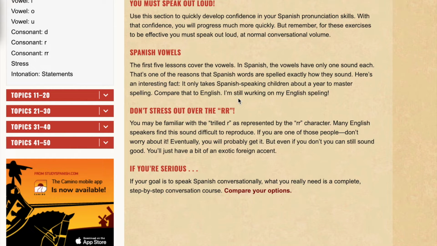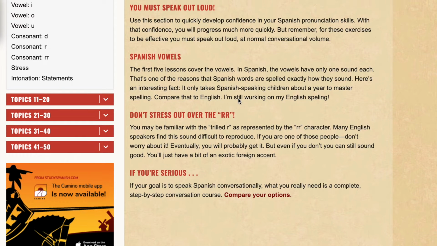Many English speakers find this sound difficult to reproduce. If you're one of those people, don't worry about it. Eventually, you'll probably get it. But even if you don't, you can still sound good. You'll just have a bit of an exotic foreign accent. So it looks like we need to spend some time on this.